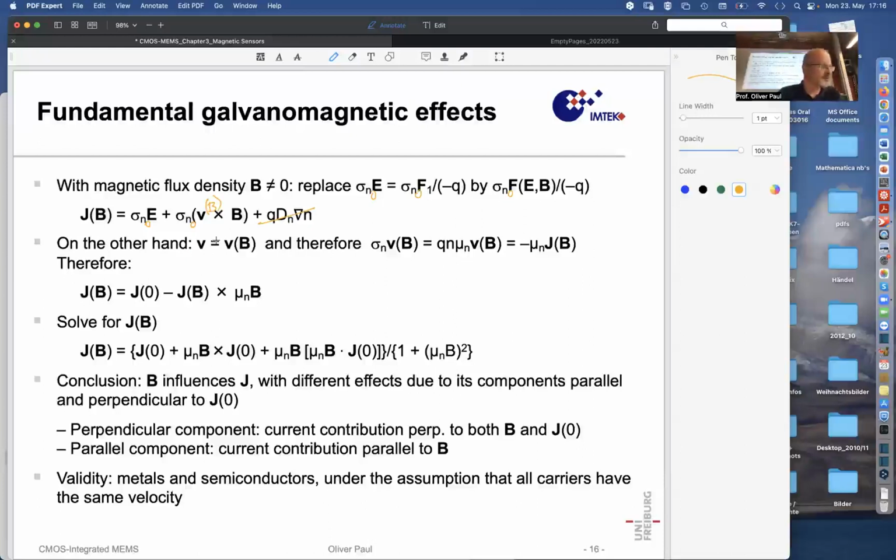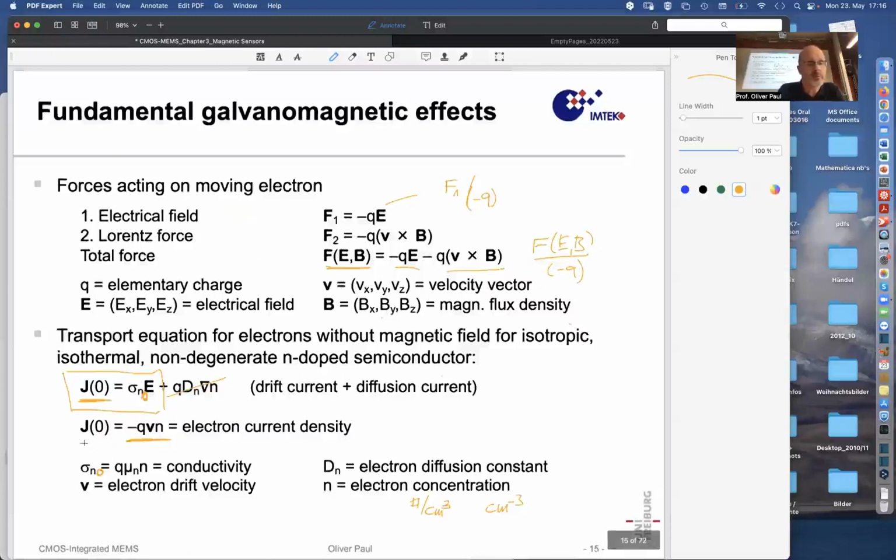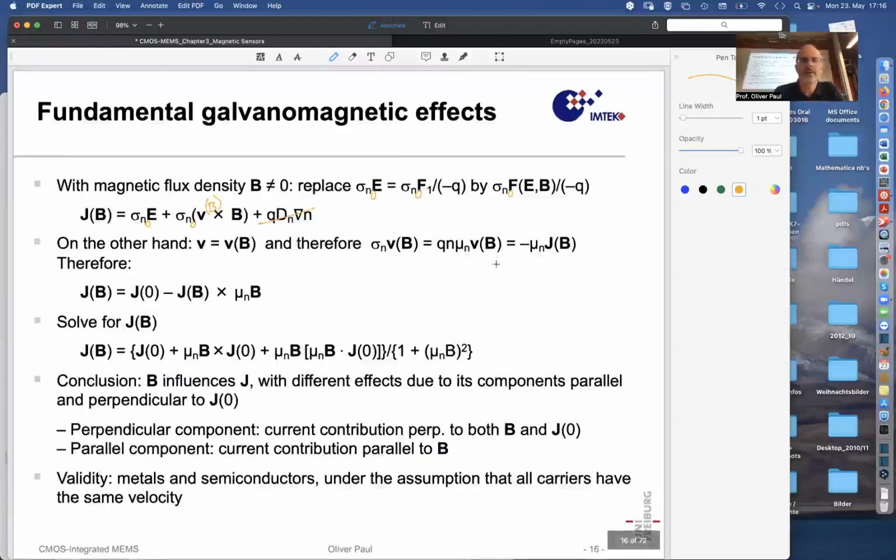For instance, what is proposed here with this equation from before, in analogy we can write JB.